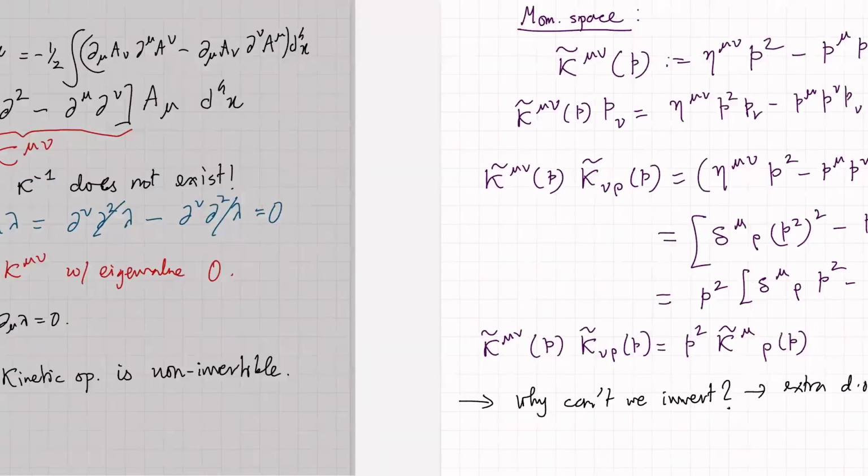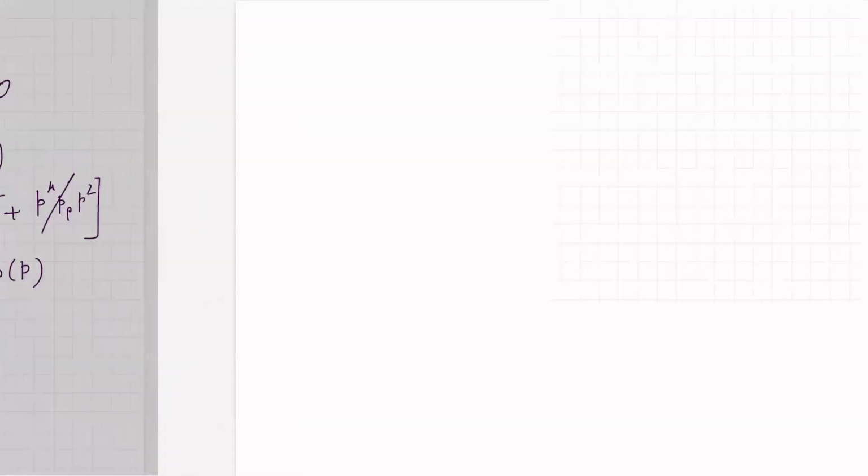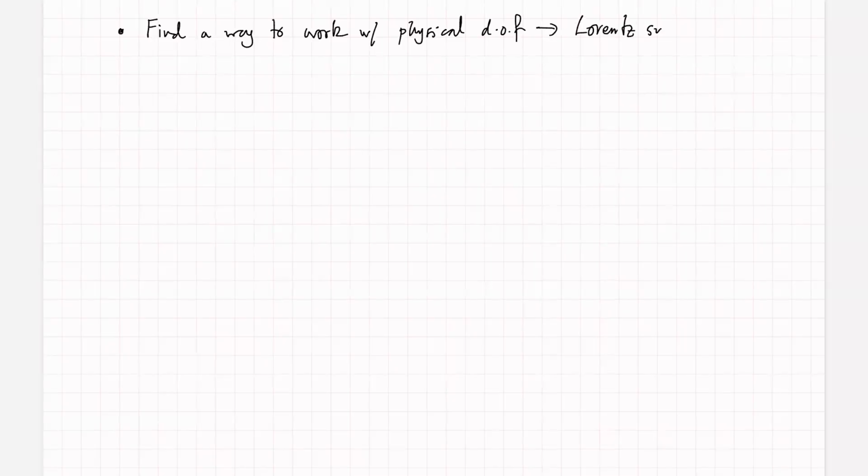Okay, so our task at hand is essentially to find a way to work with the physical degrees of freedom, but all the time we want to do so in a way which keeps the Lorentz symmetry manifest. We introduced all of these things to make sure that we have manifest Lorentz symmetry.